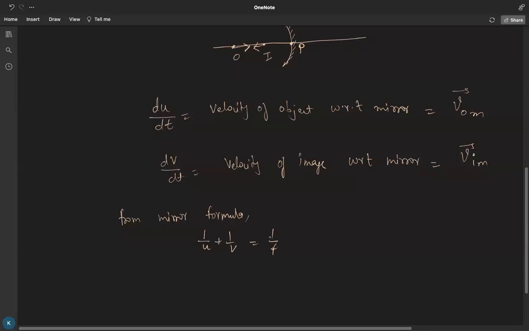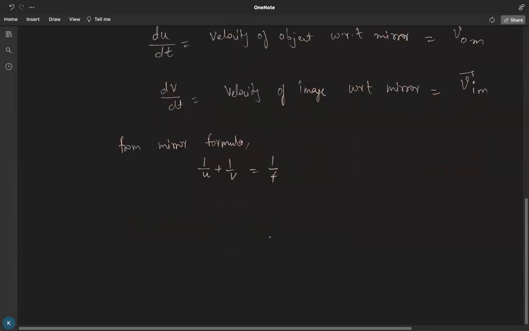What I'm going to do here is differentiate with respect to time, because we need du by dt and dv by dt. As we differentiate, we know the differentiation of 1 by u will be minus 1 by u square du by dt.